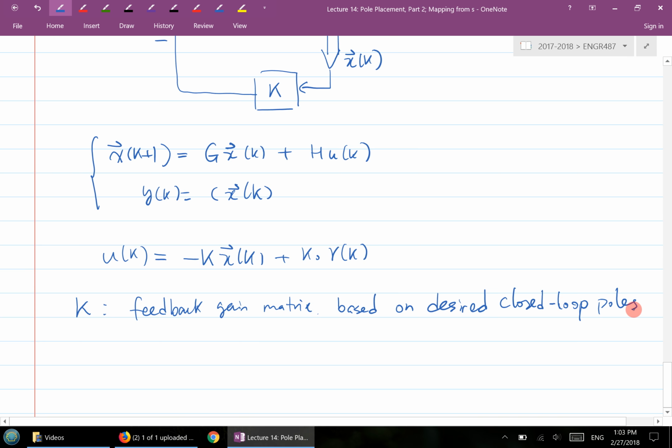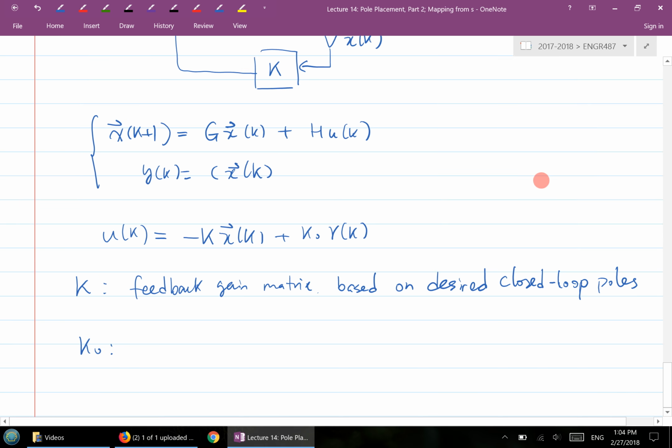So you can find this K based on the desired closed loop poles. Use the Ackermann formula, use the place command, so you get your capital K. So the question here is the K naught. How do we decide this K naught? The K naught is called a scaling factor.